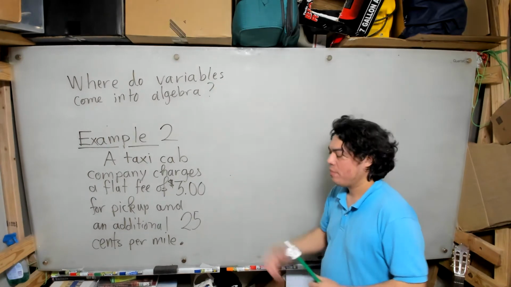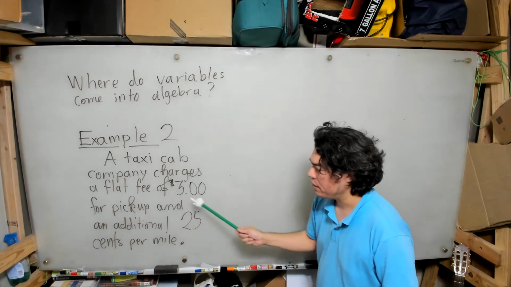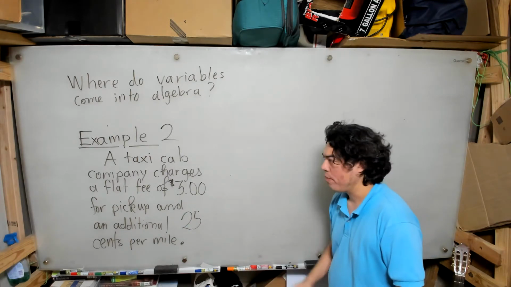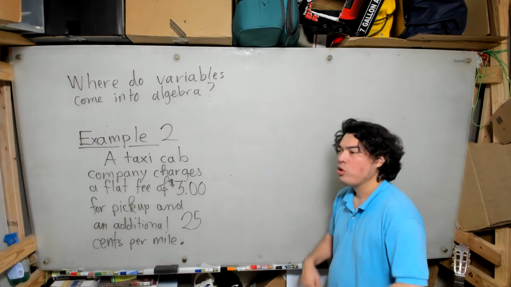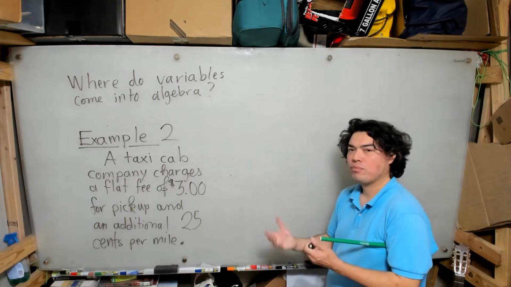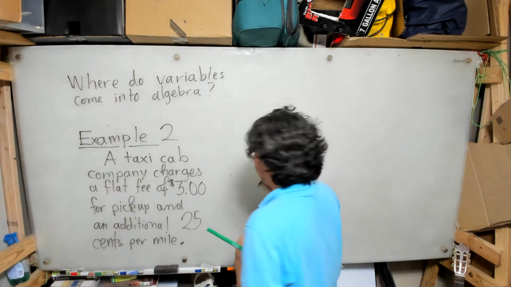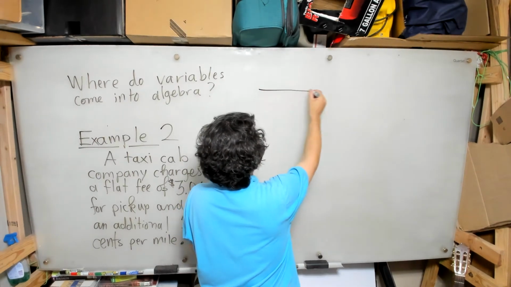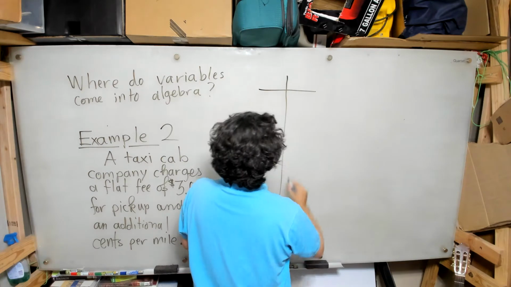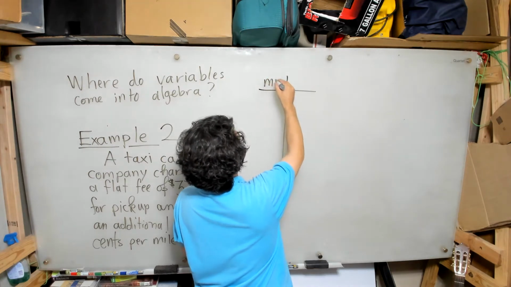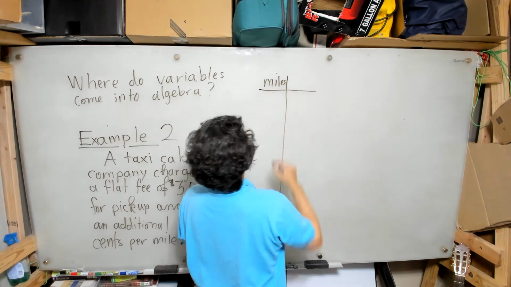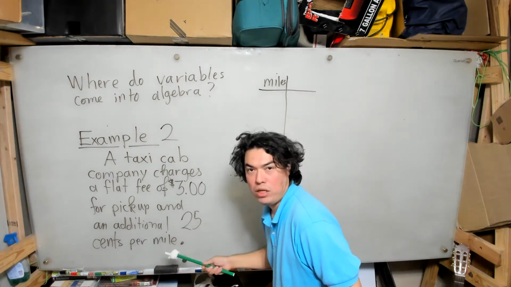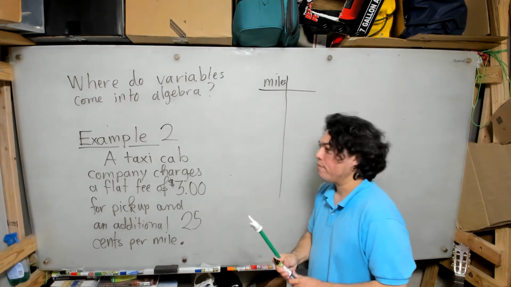A taxi cab company charges a flat fee of $3 for pickup and an additional 25 cents per mile. Okay, so if we were thinking about this problem, one of the things we might want to think about is how much a taxi cab ride is going to cost us. And so in our table, we're going to write miles here because, of course, we know that it's 25 cents per mile additional above the flat fee.